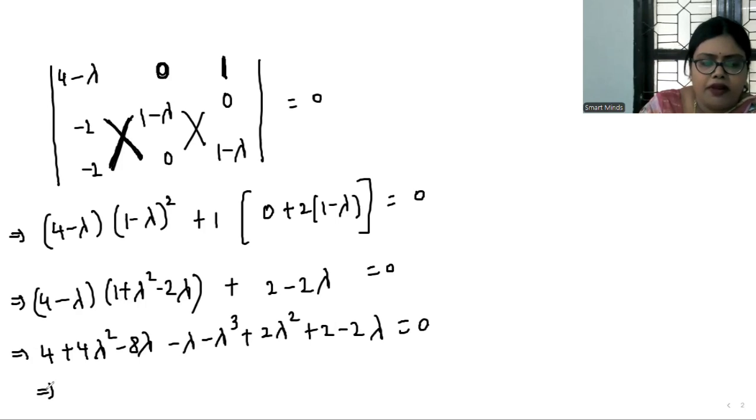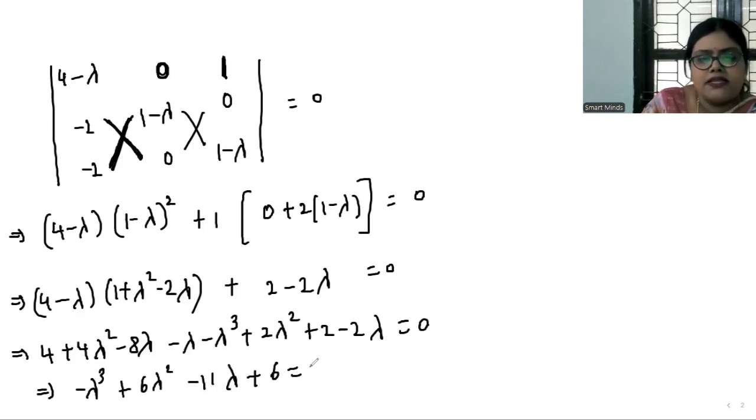Now if you simplify this, what do you get? Minus lambda cube plus 6 lambda square minus 11 lambda plus 6 is 0. Always make sure that the first term should be positive, so we take minus common. Lambda cube minus 6 lambda square plus 11 lambda minus 6 is equal to 0.